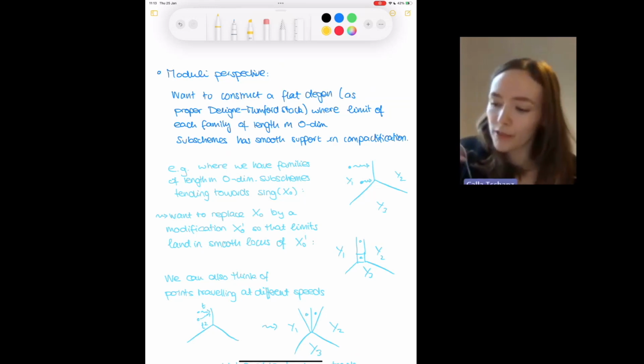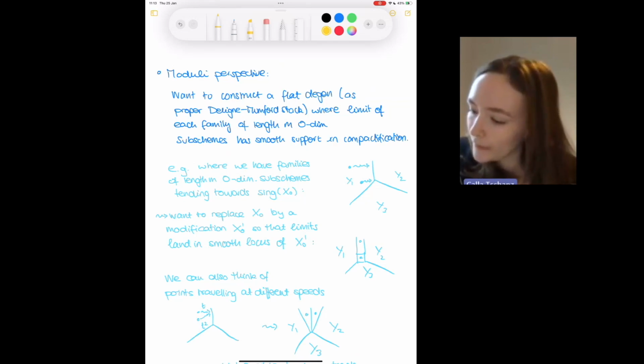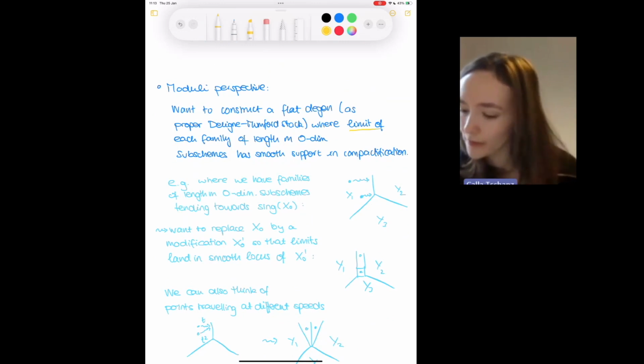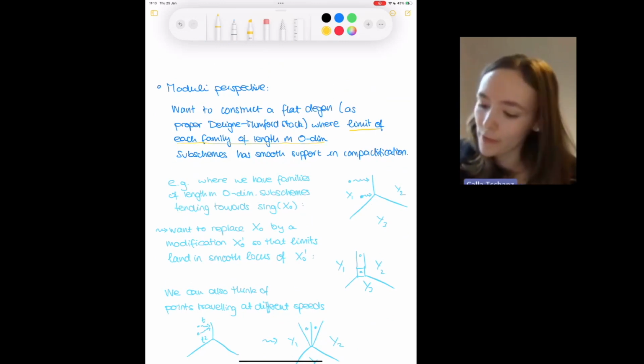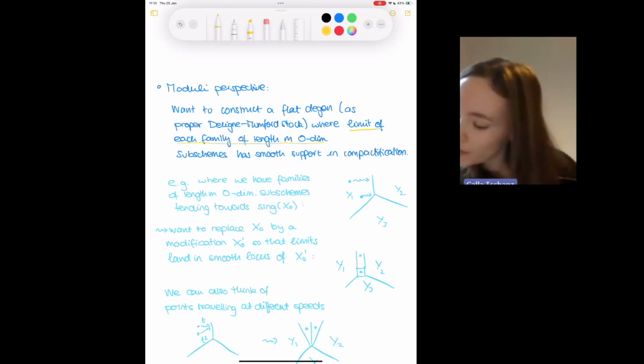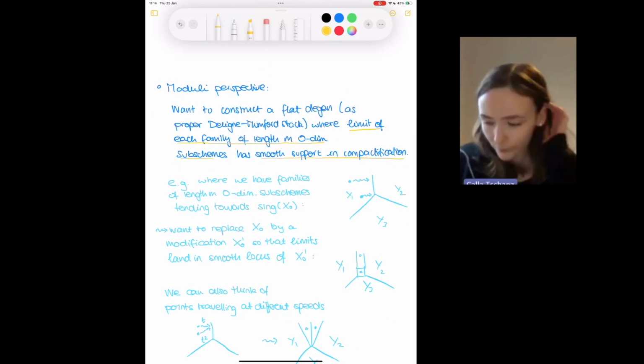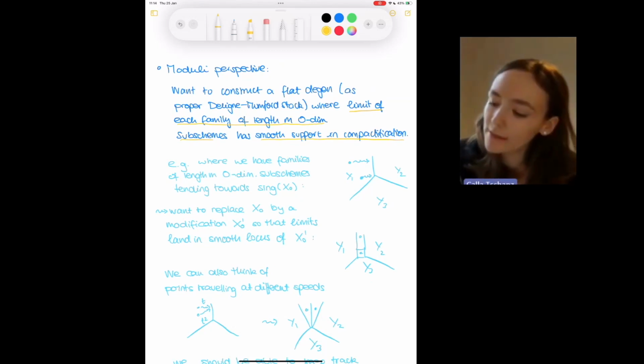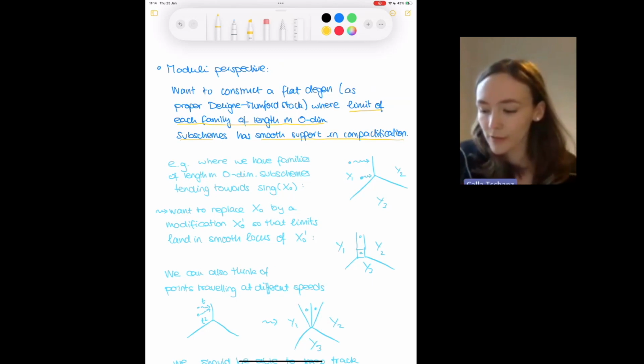The crucial condition I'm going to ask for is that the limit of each family of length m zero-dimensional subschemes should have smooth support in the compactification.